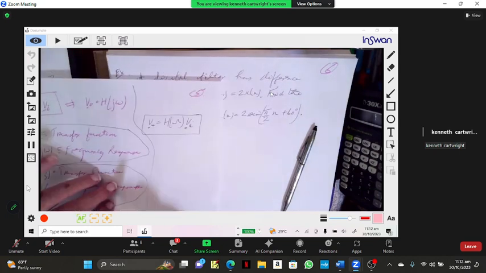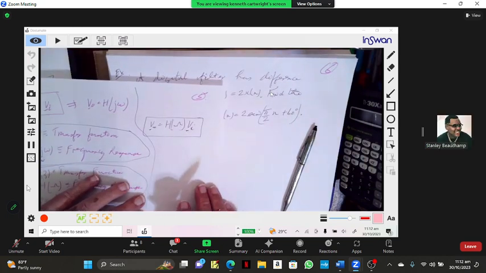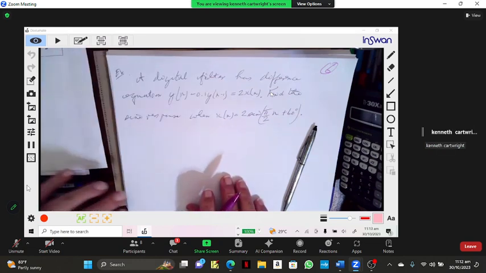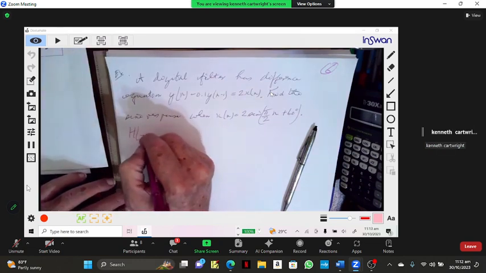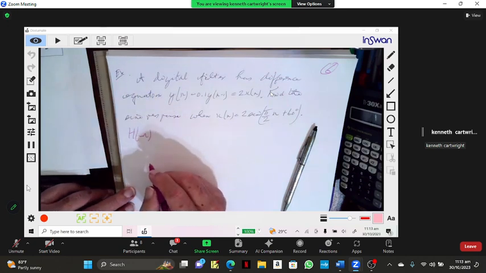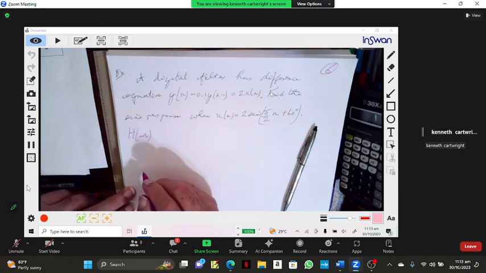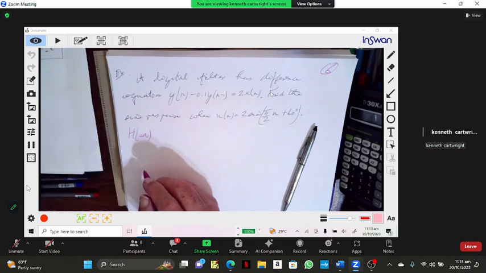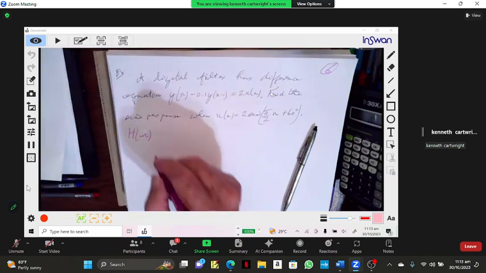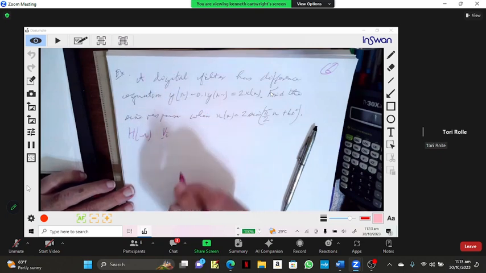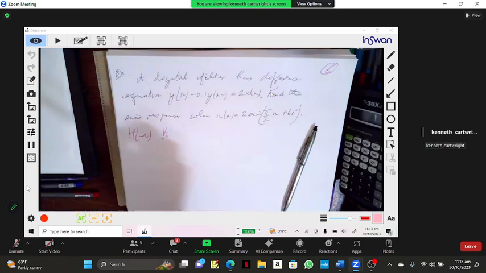From this equation, what do we need? You need H of z, right? We need H of omega. What else do we need from the equation? The input phasor. I didn't say anything about Vn, and it's not Vn we need. There is no Vn.